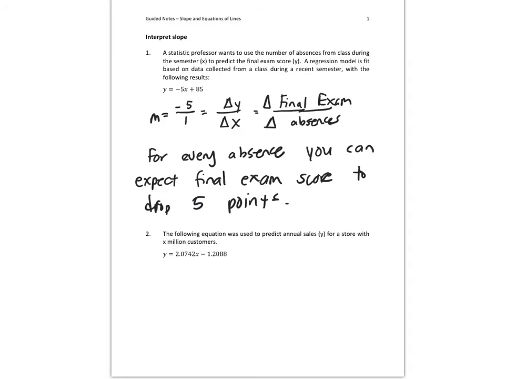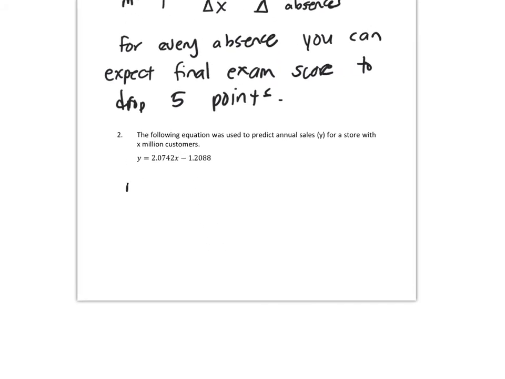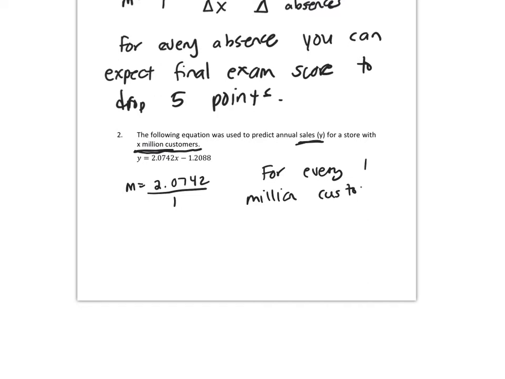Now look at number 2, read it. Here, M is 2.0742, it's positive. And sales is Y, and X is million customers. So for every 1 million customers, of course it could be 2 million or 3 million, for every million customers, you can expect sales to what?